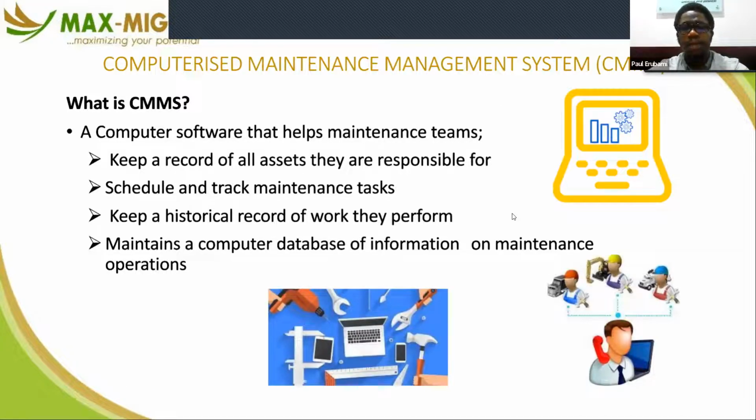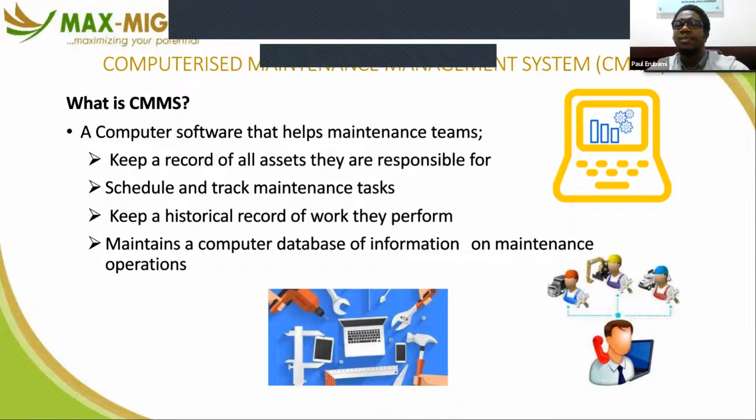So at the basic level of technology deployment, you want to move from papers, logbooks, and spreadsheets to a software. So that's where the computerized maintenance management system comes in, right? This is an effort to automate your activities, especially your maintenance activities.